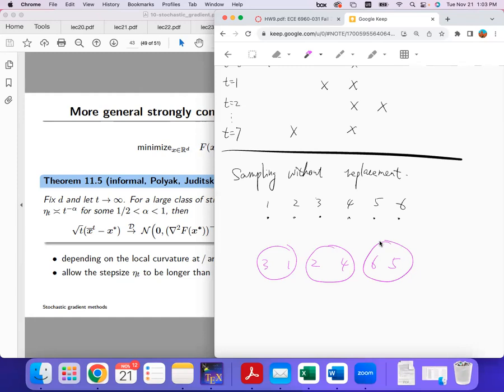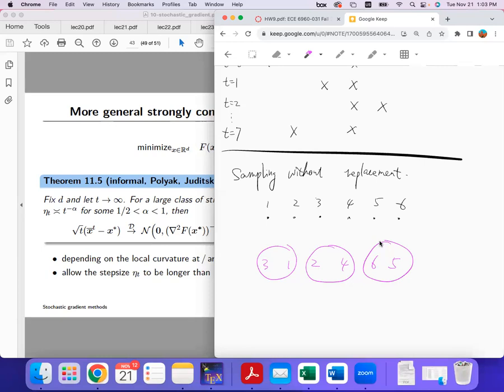You pick them sequentially and in a non-overlapping way, mini batch by mini batch. After these 3 iterations, you have passed over this data set once. Every single data point is used exactly once, right? So everybody is equal.